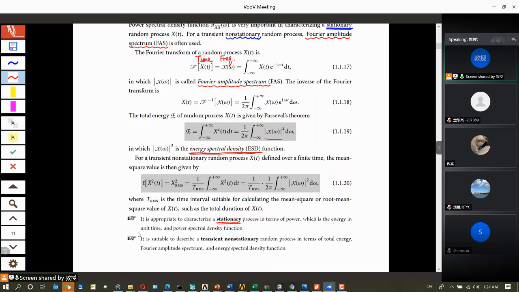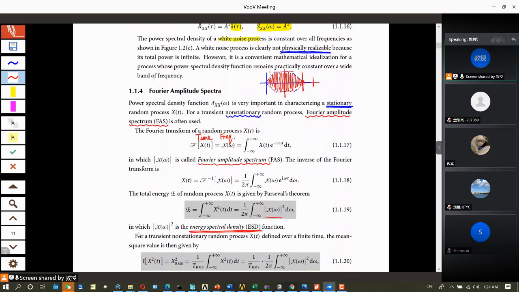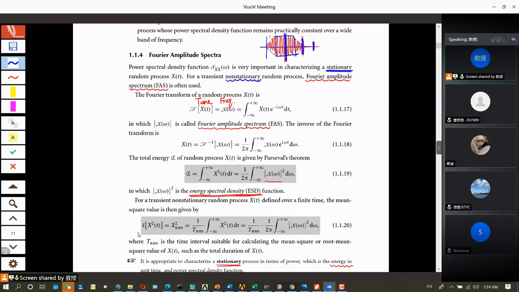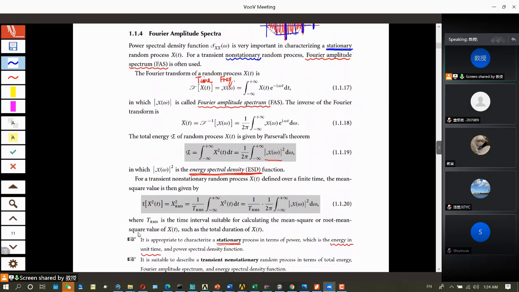Because we are looking at energy in unit time, for this portion it is fine. You can talk about energy in this time, but it's different from what we have here and here. So only for stationary process we can talk about power or energy in unit time.